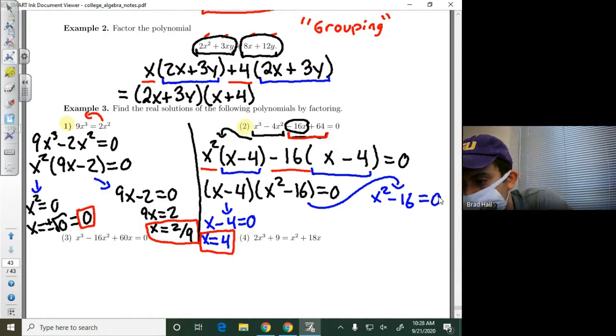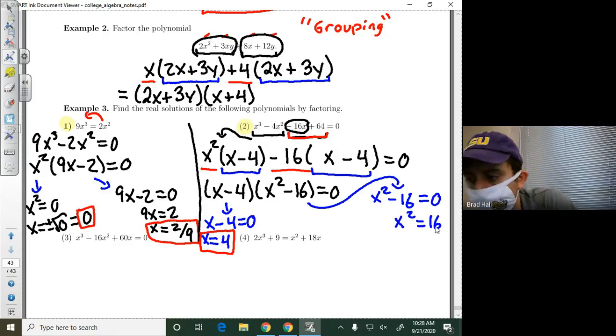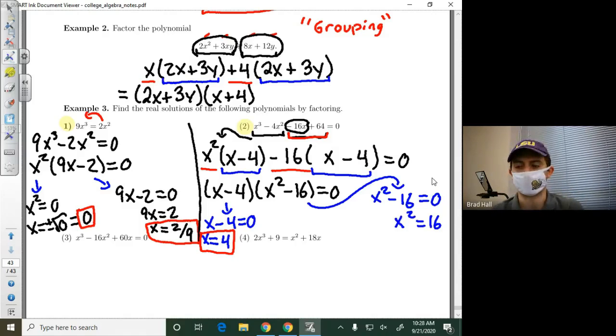And the second one over here, we can go ahead and move 16 to the other side and take the square root to get x by itself.